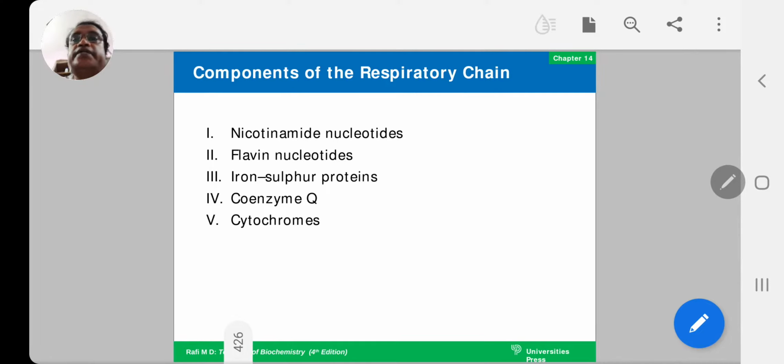The substrates that are acted upon by NAD plus linked dehydrogenase include glyceraldehyde 3-phosphate of glycolysis, pyruvate link reaction, isocitrate, alpha ketoglutarate and malate of Krebs cycle, and beta hydroxyacyl CoA of beta oxidation of fatty acids.